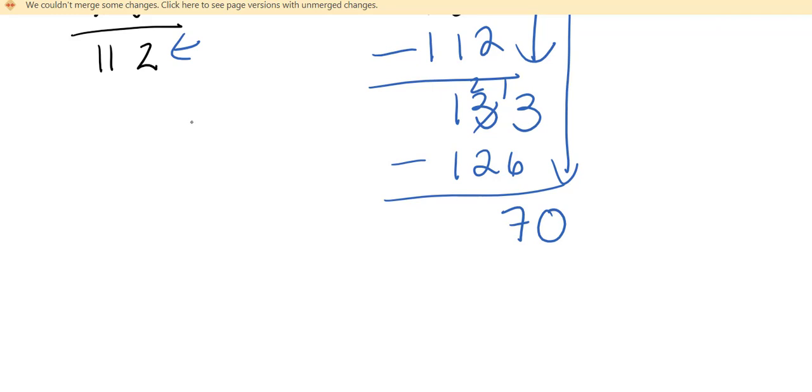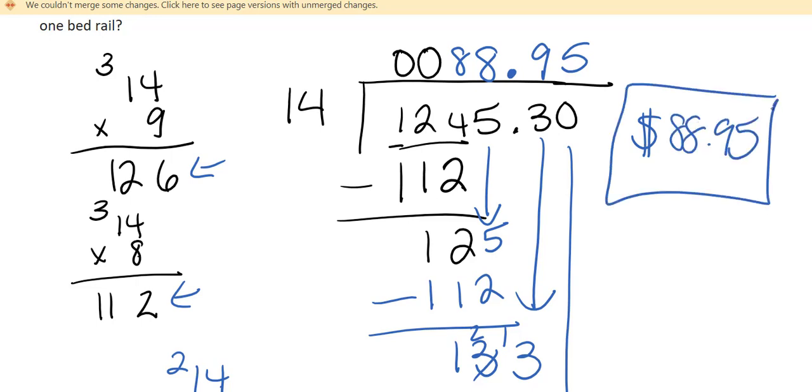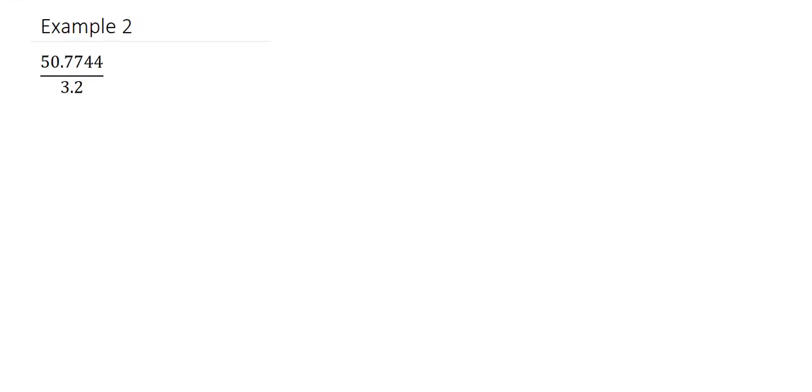Let's go 5 times. 4 times 5 is 20, carry the 2, and that's a 7. 14 can go into 75 times. And at the very end, we bring that decimal straight up. So the cost per bed rail is $88.95.